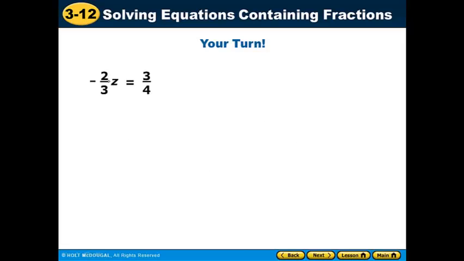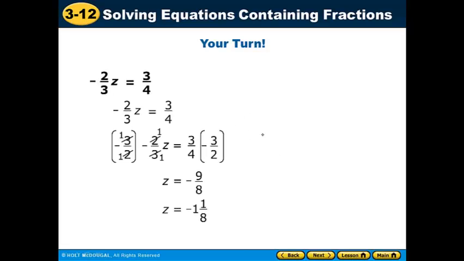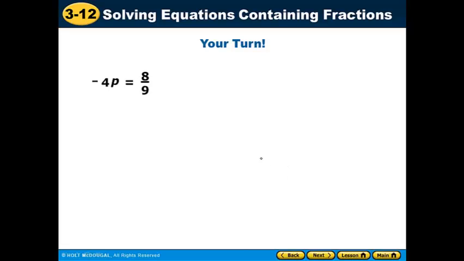Alright, so here remember we need to multiply by the reciprocal here, which will be 3 over 2 times -3/2. Everything cancels. And the answer will be either -9/8 or -1 1/8 is fine. Try this one.